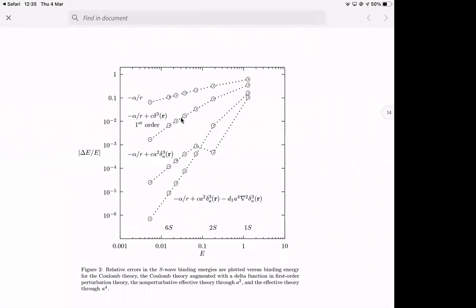I want to emphasize, though, that as you go towards high energy, no matter how many parameters you include, you're going to get worse. Okay? Because you're moving close to the cutoff when you begin to start resolving the ultraviolet physics.